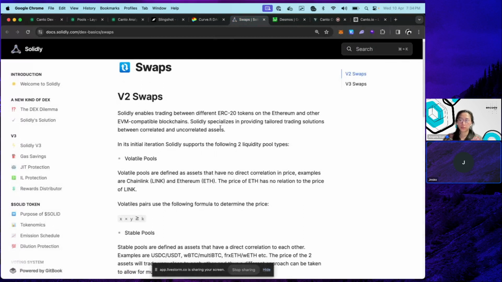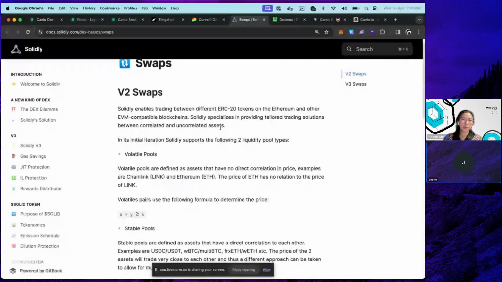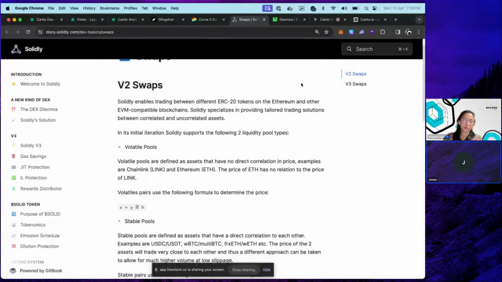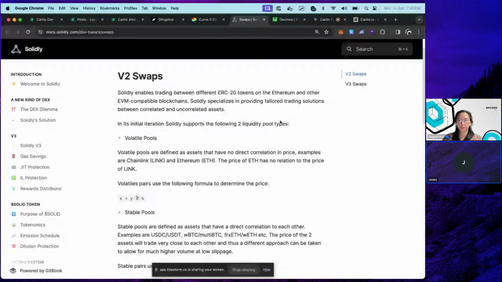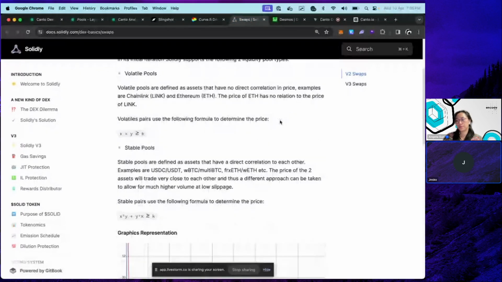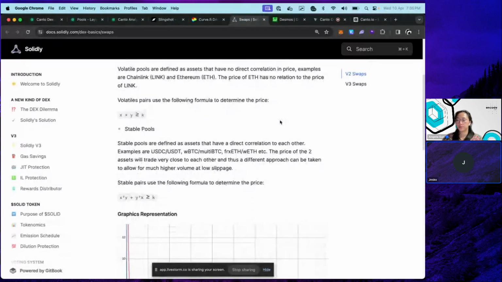Now what Solidly did was that they identified that there are different kinds of pools also, which are called stable pools, right? Stable pools are assets which have direct correlation to each other and they follow each other's price, right? For example, they can be stable coins. There can be a pool containing a wrapped token and an unwrapped token, or different kinds of wrapping of the same token, right?